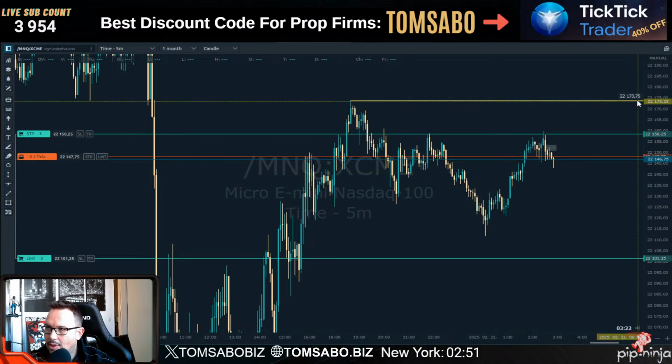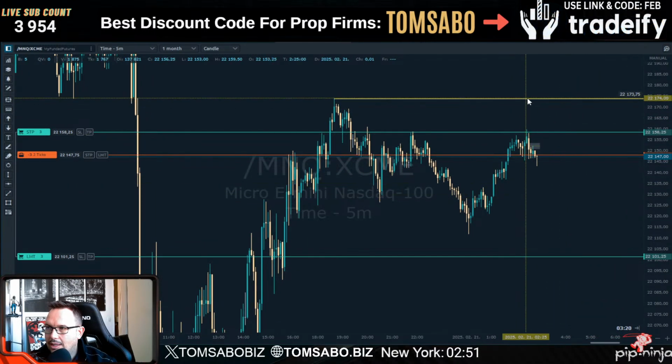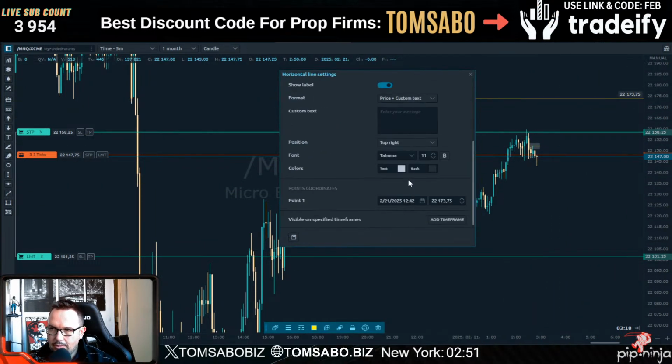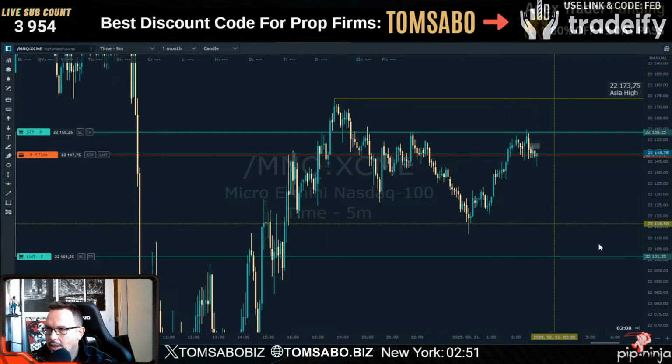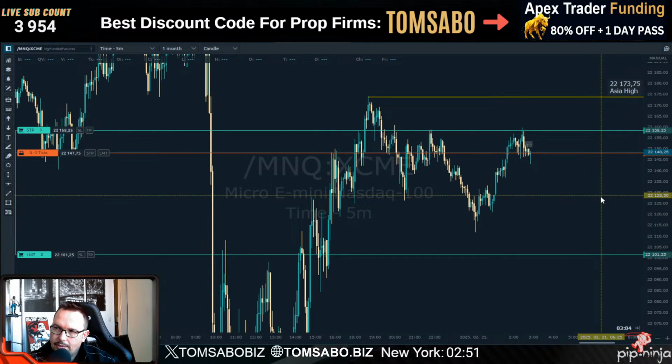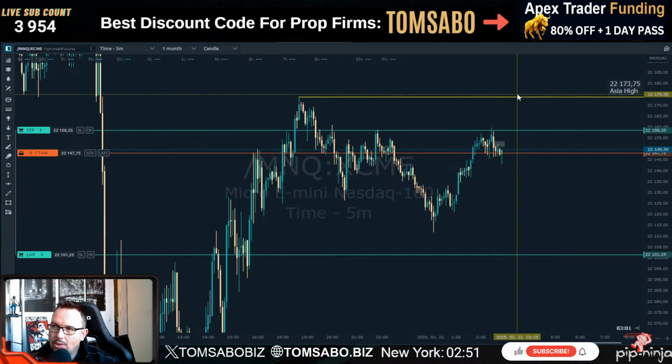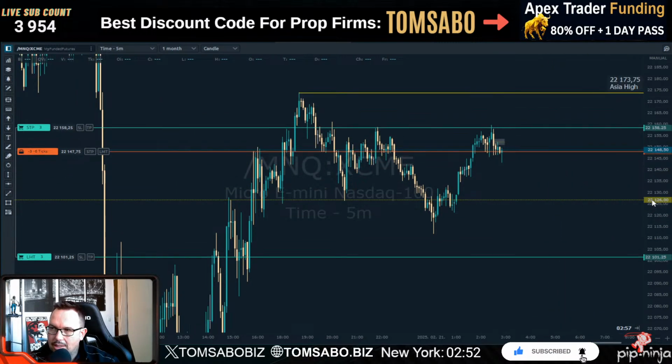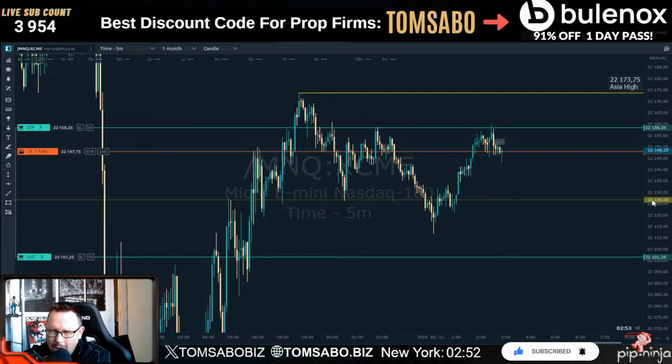So the 173.75 as Asia high could be an issue. That's my problem with this short. That's the only problem. If it goes up, takes it out, I'm still going to be watching for a possible short trade. We're going to be looking for it.